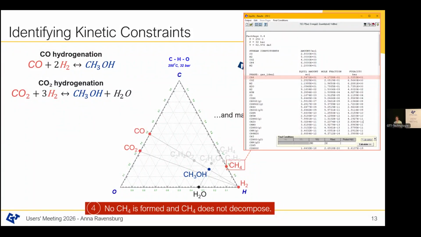So somehow this is also something that I need to consider as a kinetic constraint. The problem with this is, you see CH4 is the input, so I cannot just kick CH4 out. It lies in this COH plane, and that's why I need to somehow consider it in a different way.